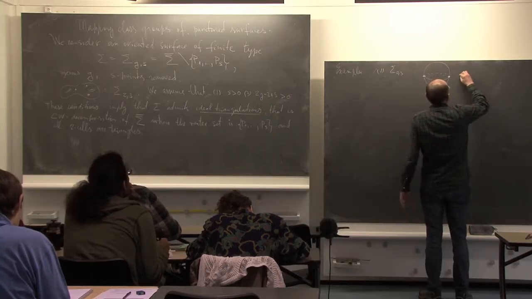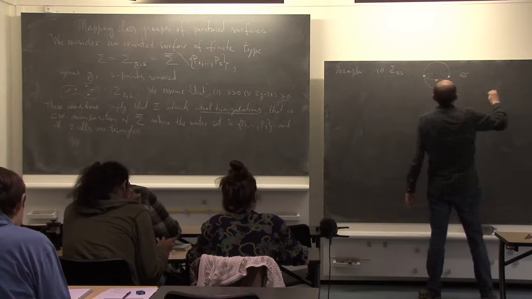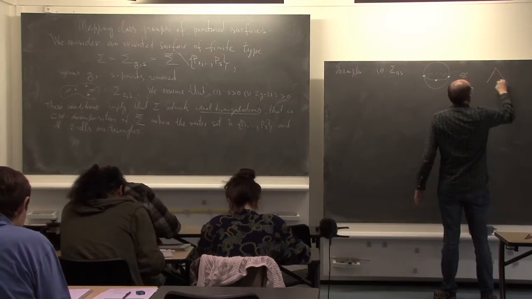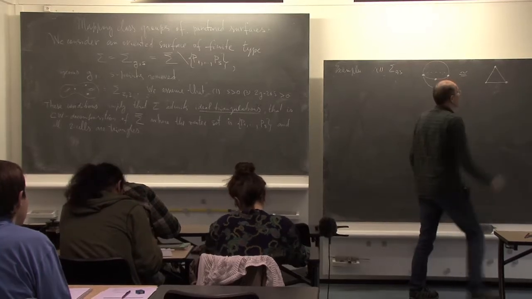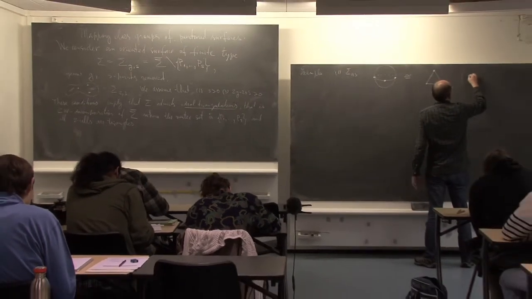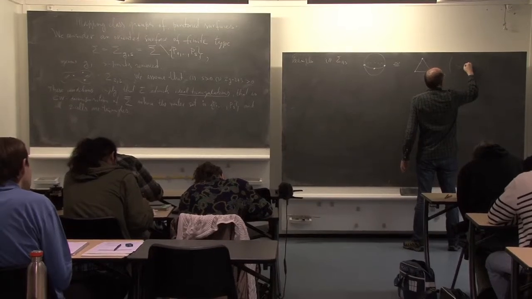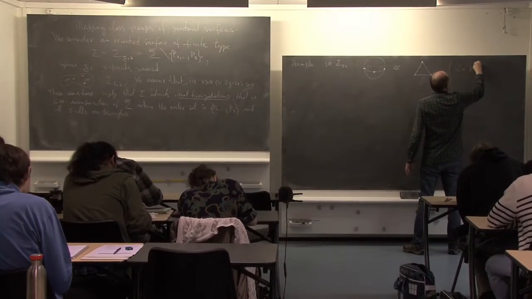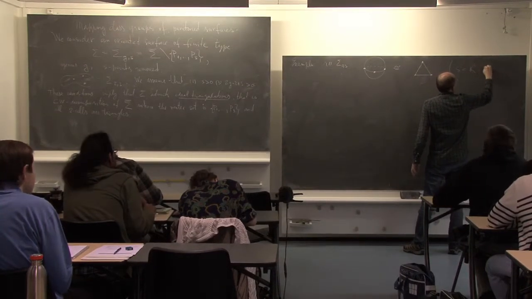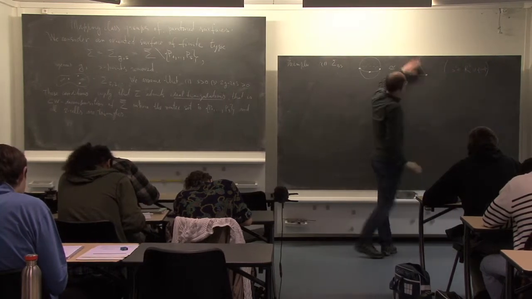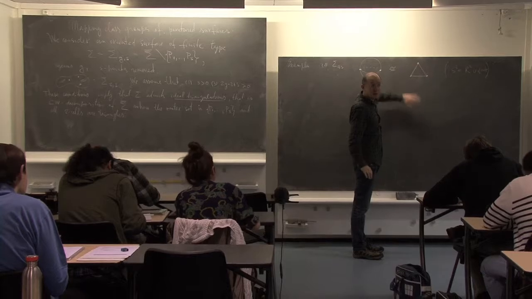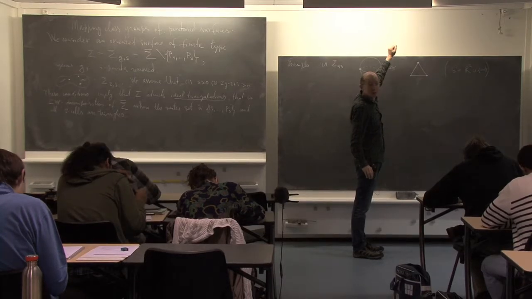This is the same thing as just one triangle in the plane. Here I identify S2 with R2 with a point at infinity. So the plane of the blackboard is R2, and we have a point at infinity.